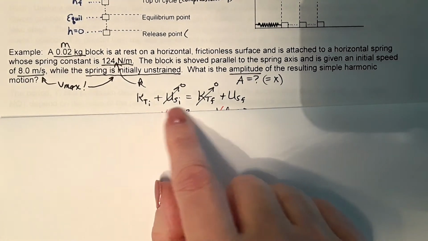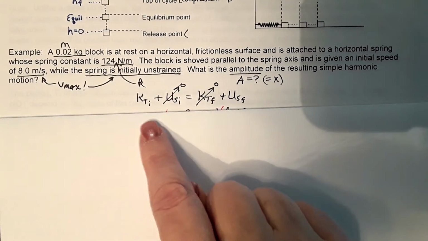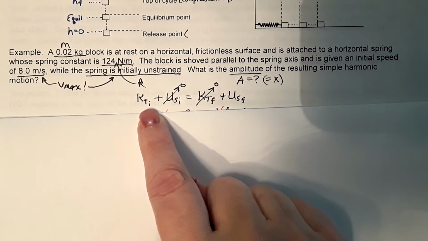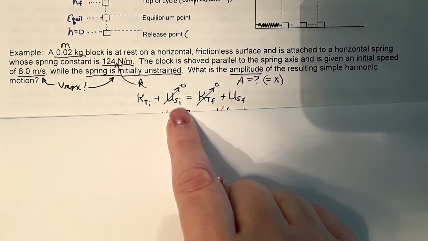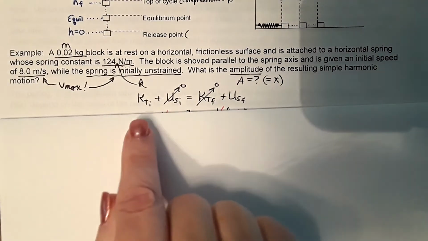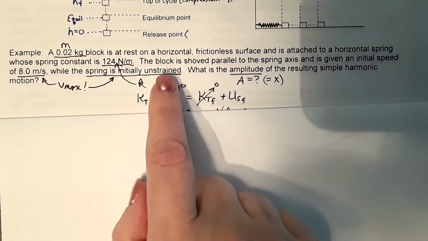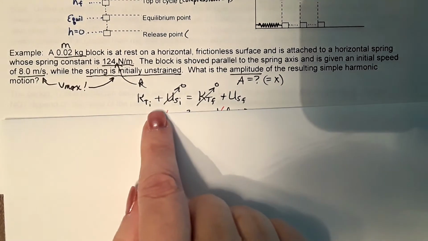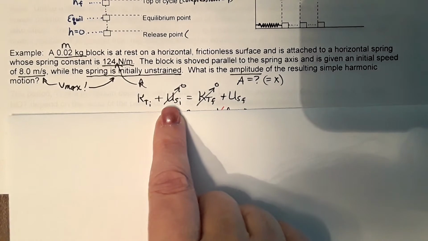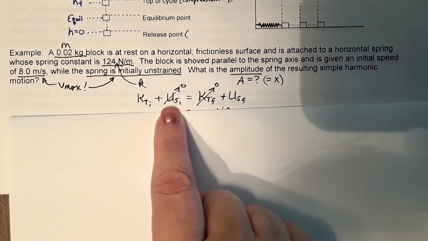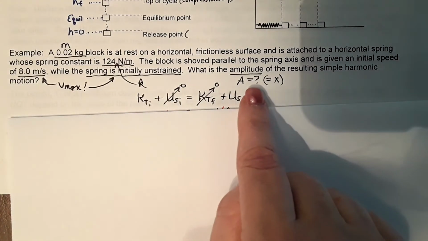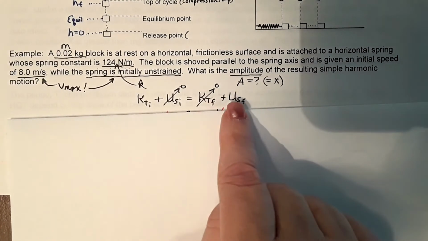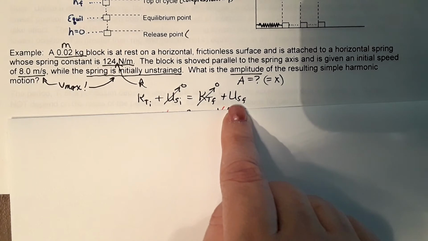If we start out with conservation of mechanical energy, there is no gravitational potential energy, only linear kinetic and elastic potential energy on both sides. So initially, when it's unstrained, but it has a speed of 8 meters per second, you're going to have kinetic, but no elastic potential. On the other hand, at the amplitude, you have no kinetic energy, all elastic potential energy.